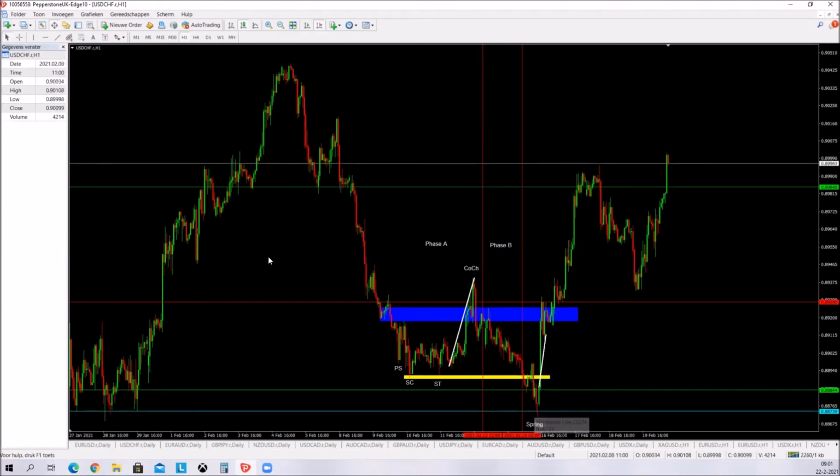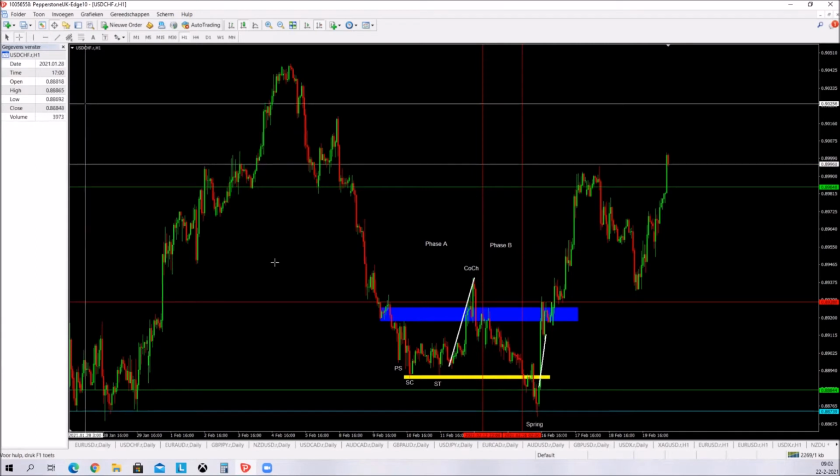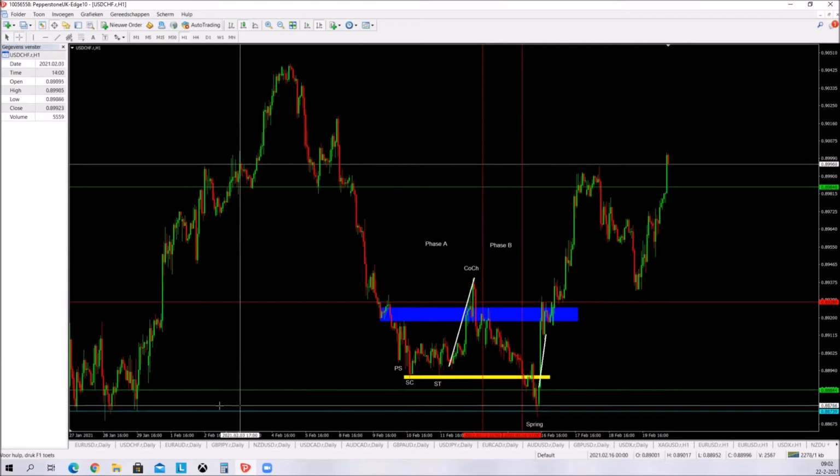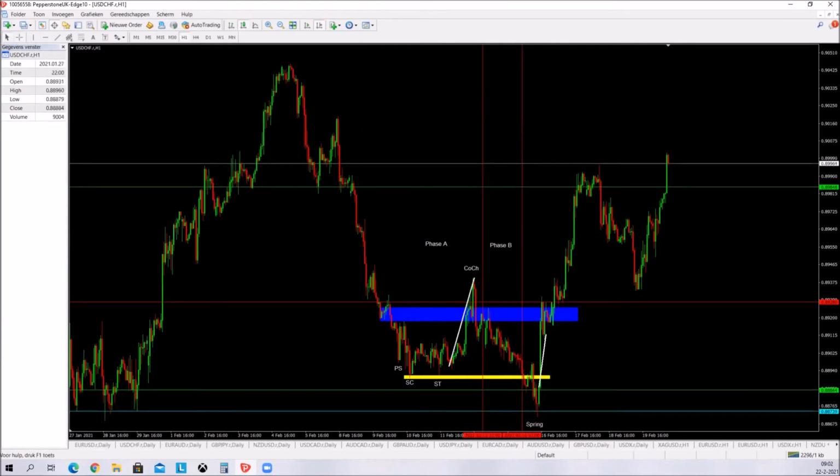So what's important about the spring is that if you look to the left at this blue level, you can see that it also took out a low, and some people might think this low isn't significant, but to me it is, because this low is the last low the market made before this entire move to the upside. And that's important to me.